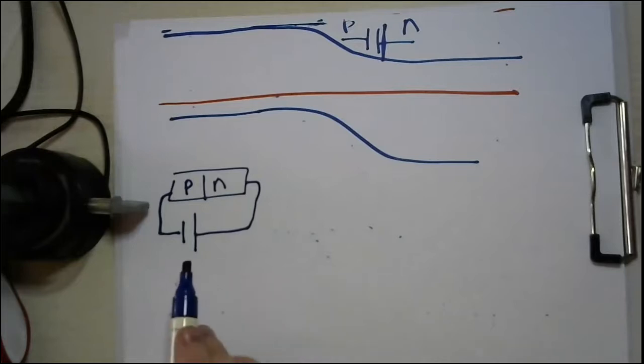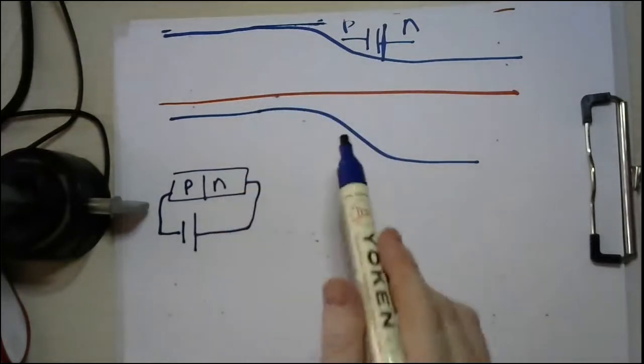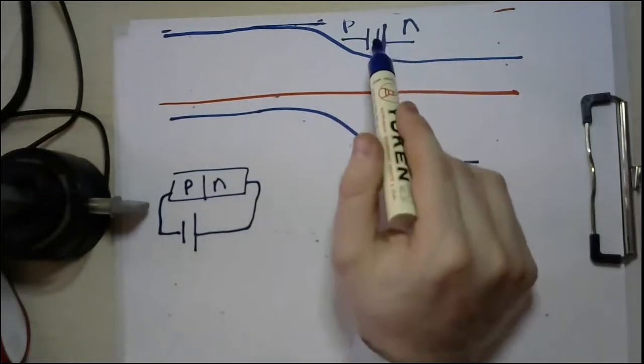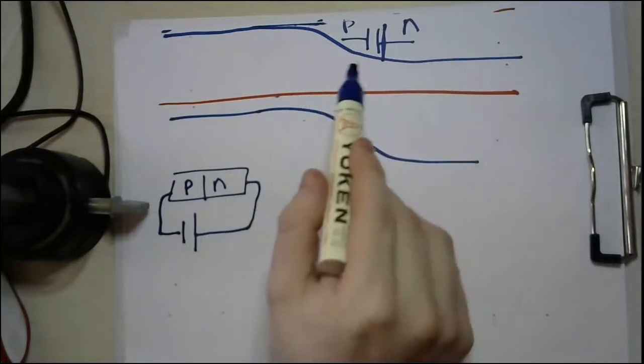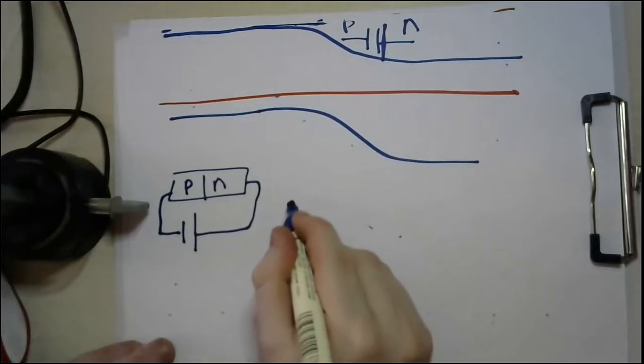As you can see here, you are increasing the total potential. The building potential and your external source are in the same polarity. So you are increasing this total. That simply means that the output will be in this way.